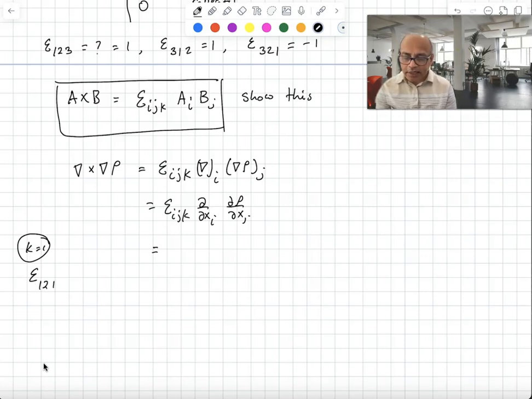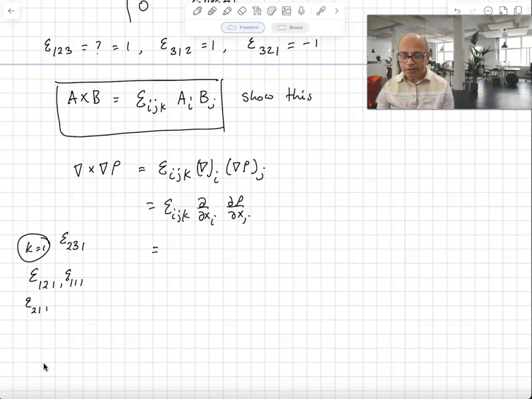I'll get epsilon 1, 1, 1. I'm not writing in the sequential order. I will get epsilon 2, 1, 1, and so on. I cannot take 2 repeated indices because they are 0. I cannot take epsilon 1, 1, 1. I will take epsilon 2, 3, 1, because k is 1.